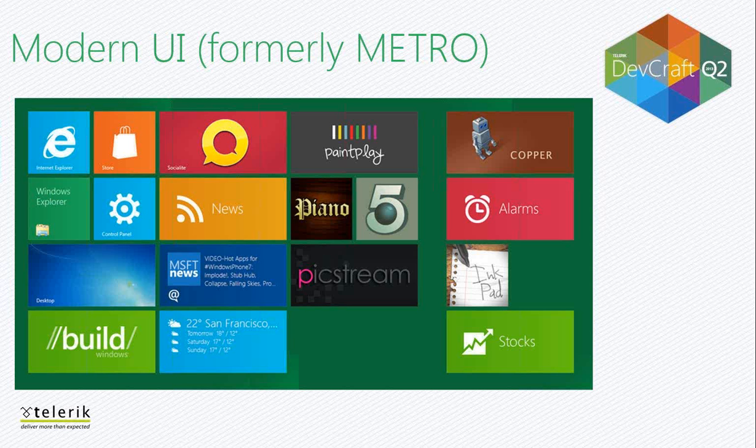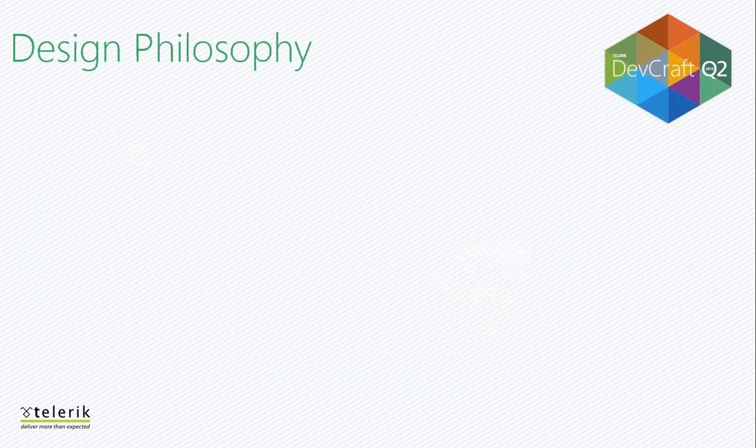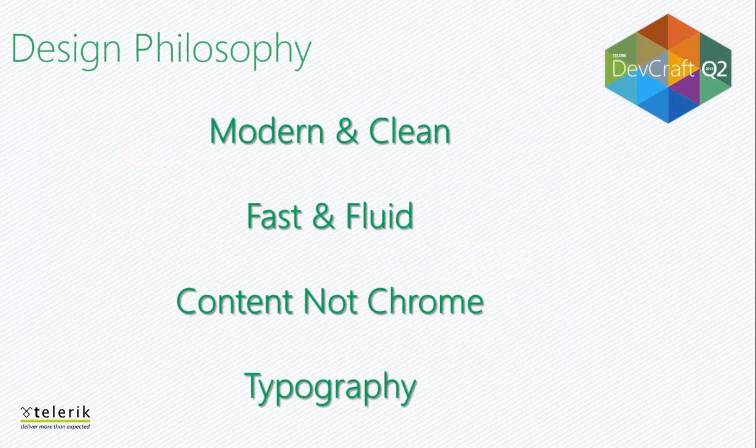They are very subtle, and it's a very specific font. It's Segoe UI. So that's the specific font that modern UI uses. I'm just trying to give you the design philosophies. There are 4 design philosophies: modern, clean, fast and fluid, content not Chrome, and then typography. This is what makes the modern UI, the design philosophy for the modern UI.